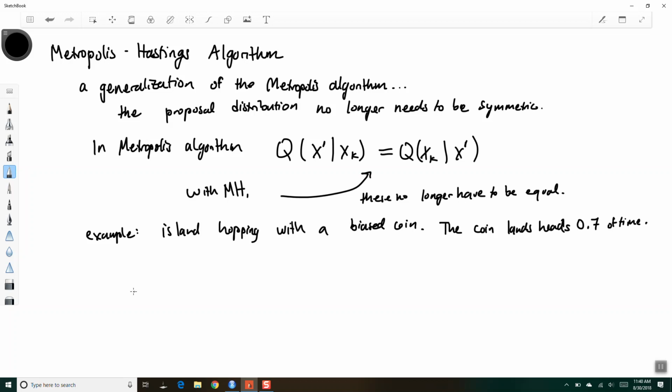Or maybe you have a distribution that looks like this, where you put xk here, and you're more likely to propose values that are larger than it.